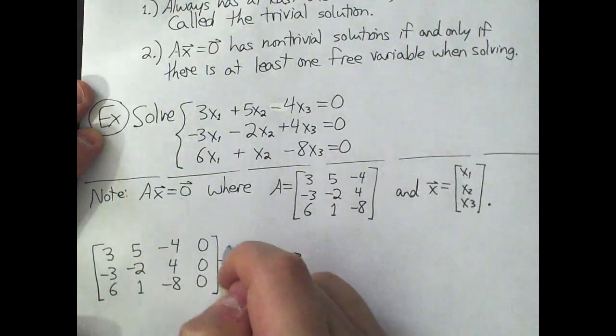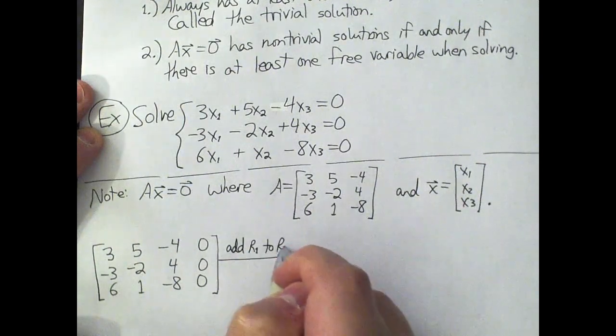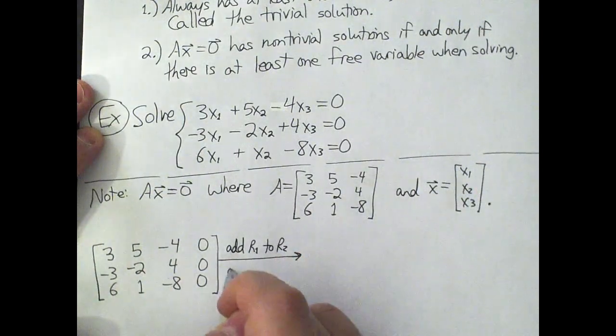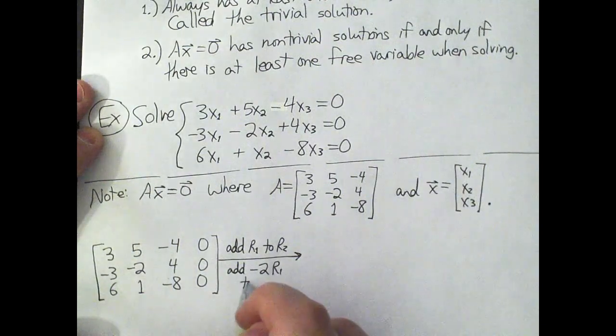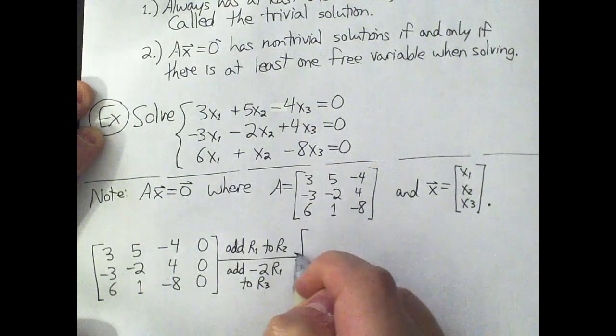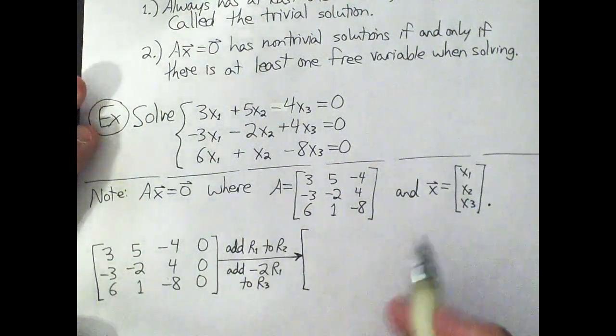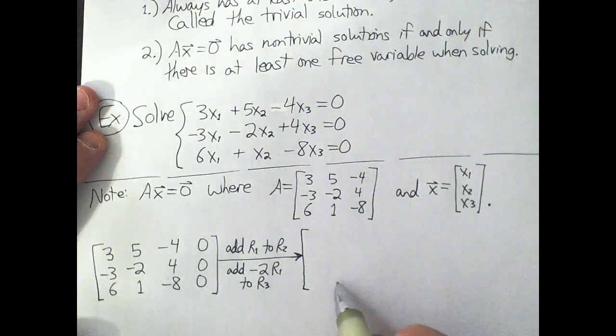I'm going to add R1 to R2, and I'm going to add negative 2R1 to R3. And those two steps are kind of independent of each other. I'm doing something to row 2, I'm doing something to row 3.